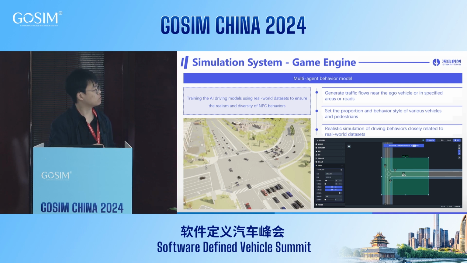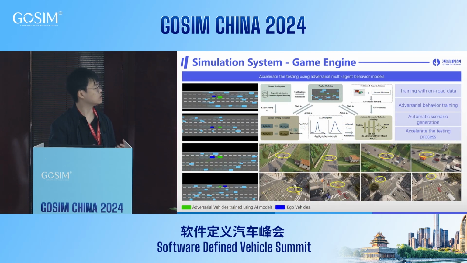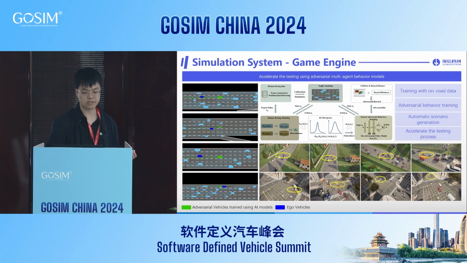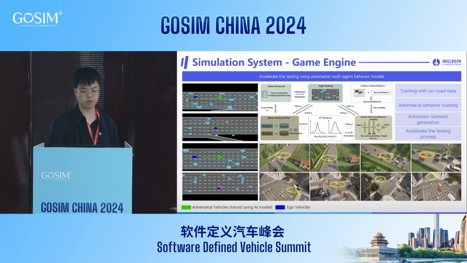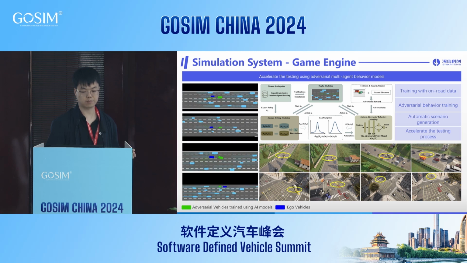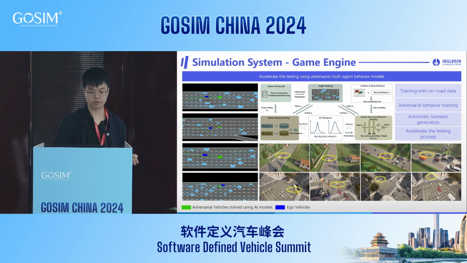Not only can we do naturalistic modeling of the behavior, we can also do adversarial modeling of the behavior. We want to increase the testing efficiency and expose more deficiencies of the system with less mileage, with fewer scenarios tested.